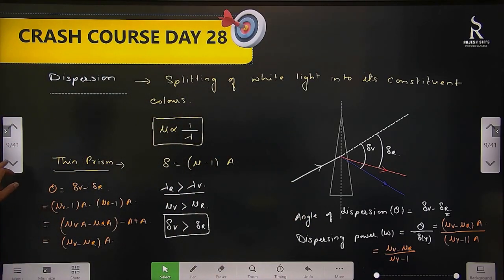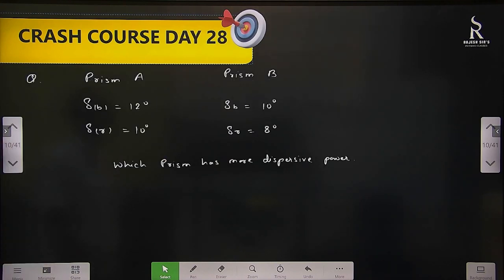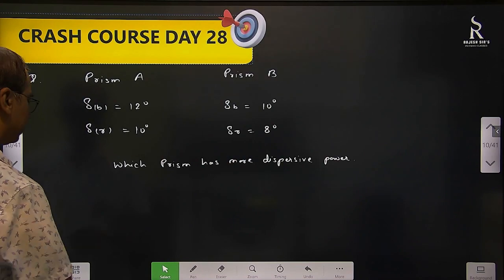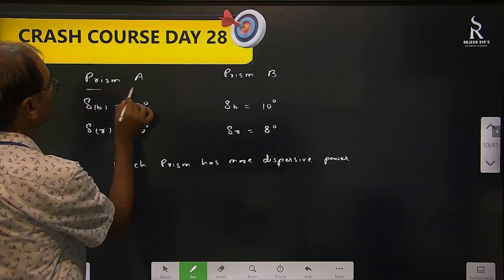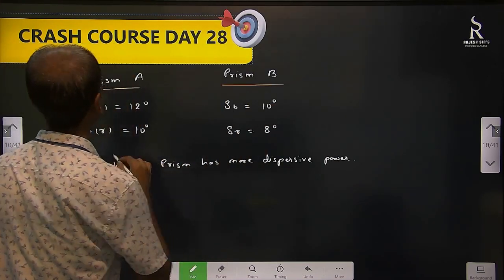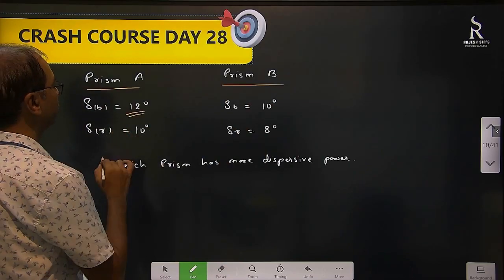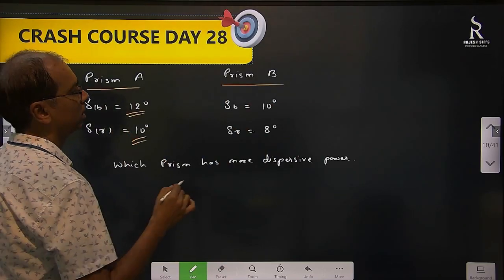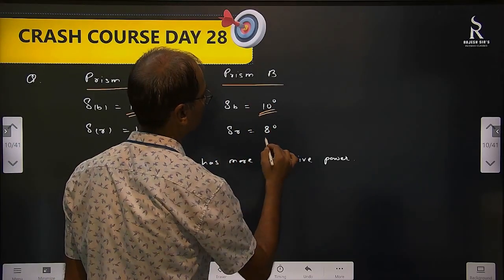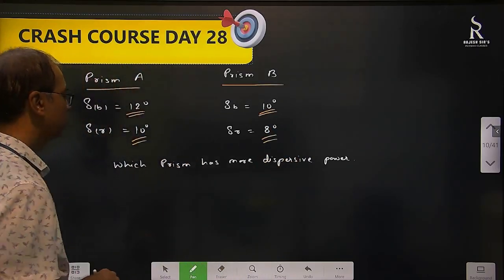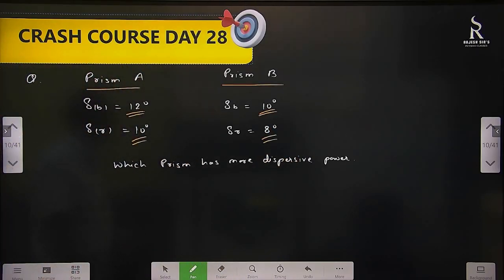Alright. Then let's see what type of questions there are on this. There are two prisms, prism A and prism B. For prism A, delta for blue color is 12 and delta for red color is 10. For prism B, delta for blue color is 10 degrees and delta for red color is 8. Which prism has more dispersive power?